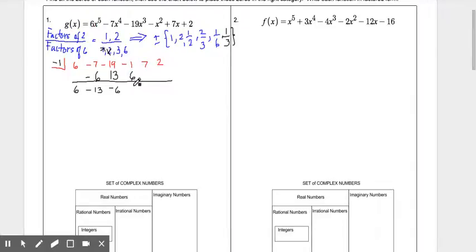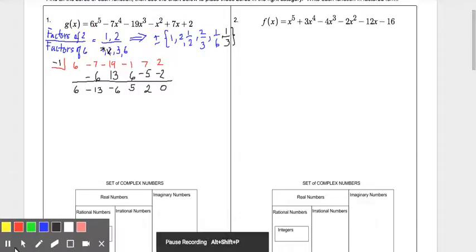This gives us +5. 5 times -1 is -5. 7 minus 5 is 2. 2 times -1 is -2, and this is our first zero.